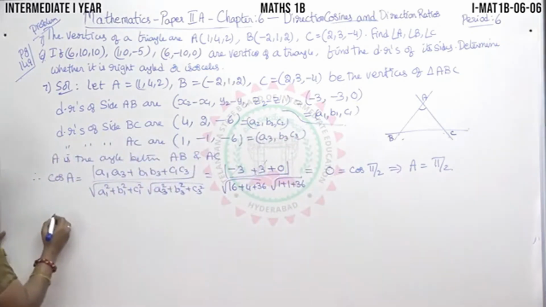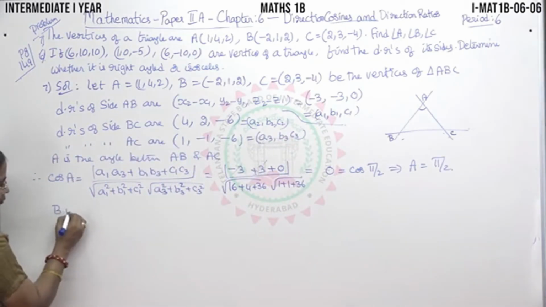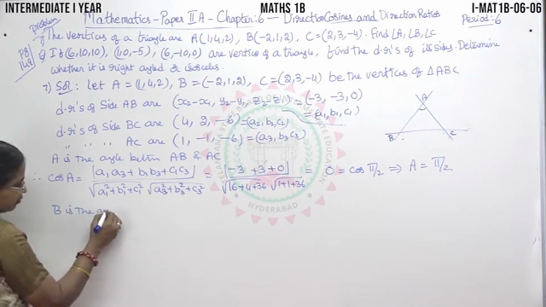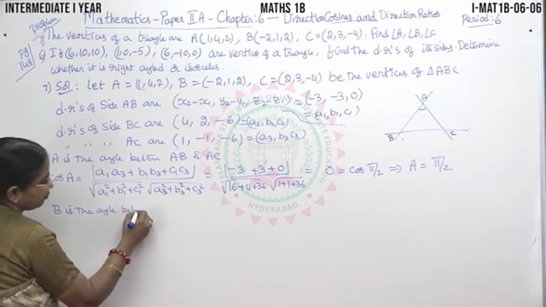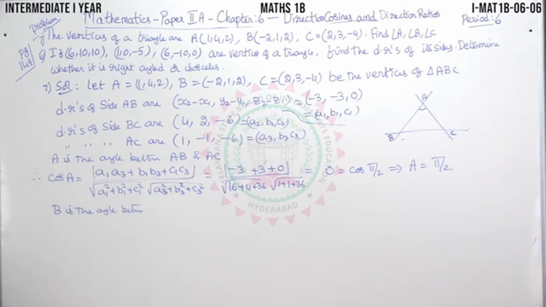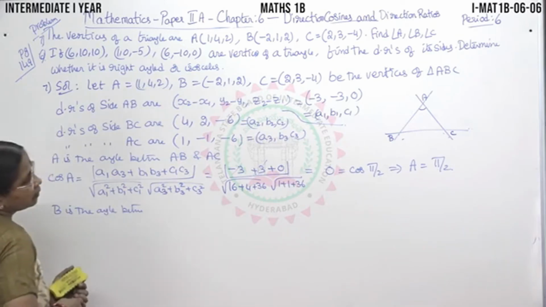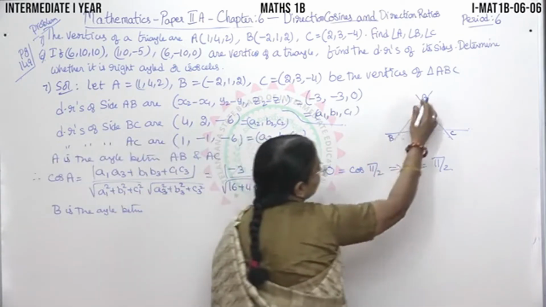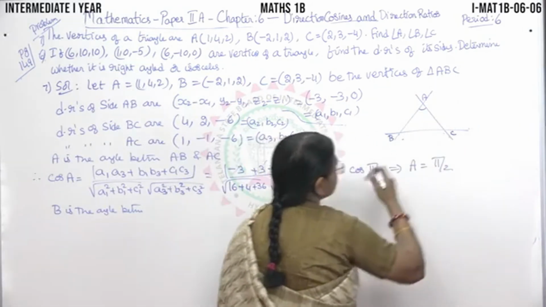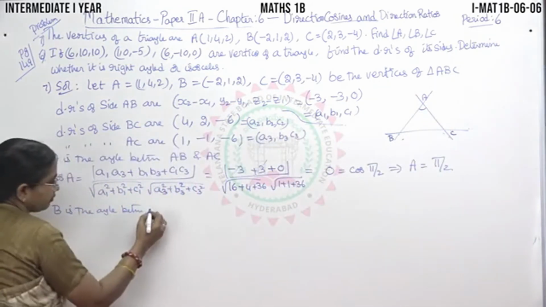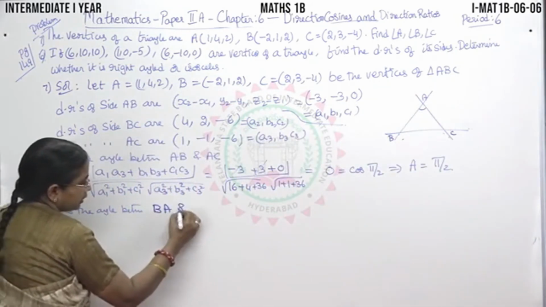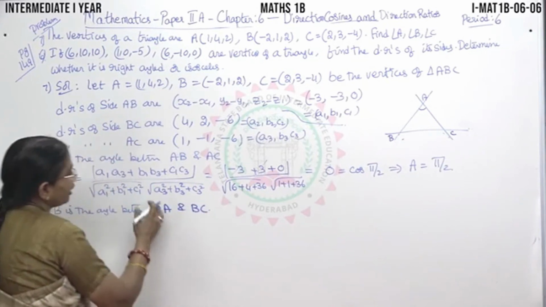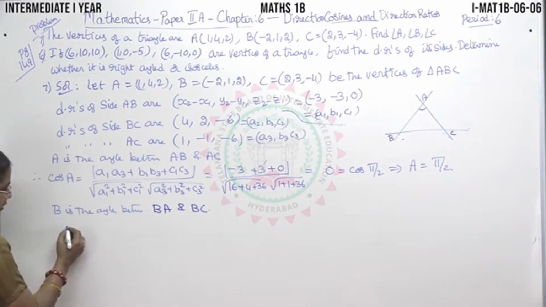Now in the same way we'll find angle B. B is the angle between BA and BC. So BA or AB direction ratios are same.